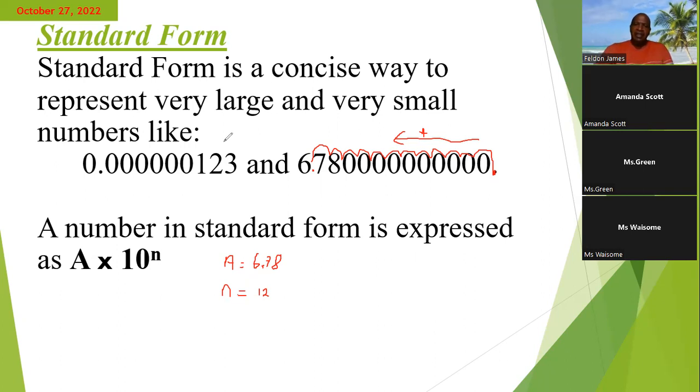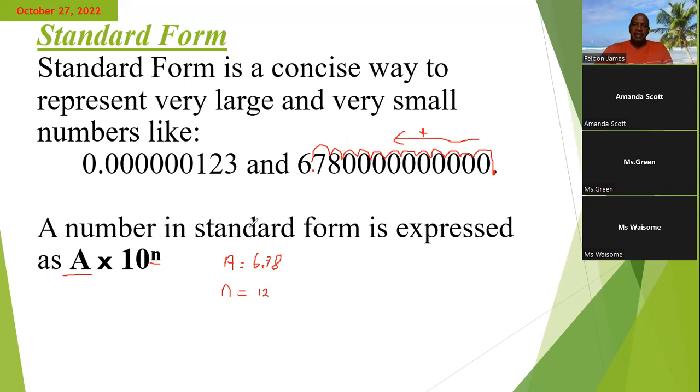So now, writing this number in standard form, now that we know what a is, now that we know what n is, all we need to do is replace the a in the general form with the value for a and replace the n with the value for n.